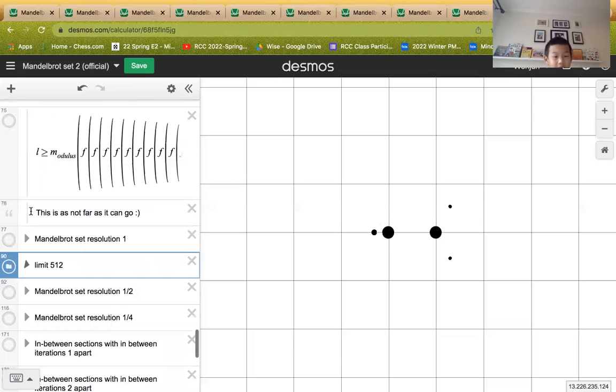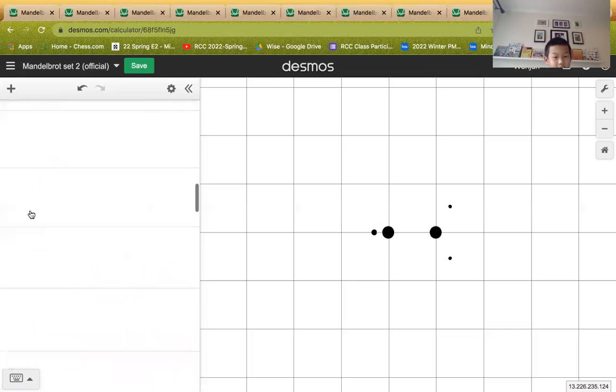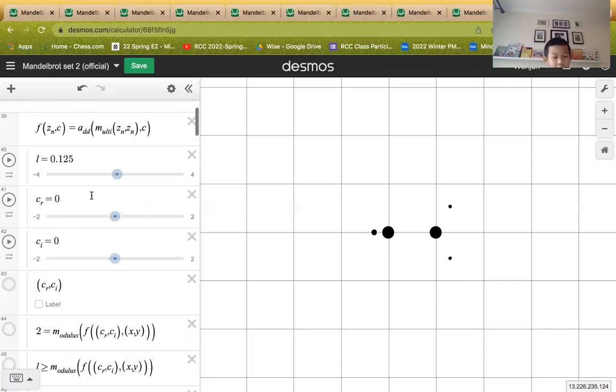Get all these sorts of dots. And when we try to run CR again, this is what happens. It's actually pretty weird. This is the first proper dot.